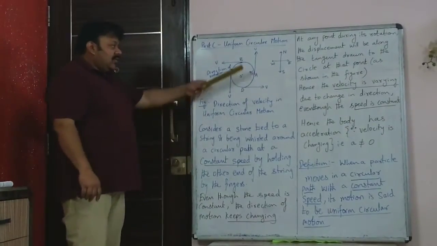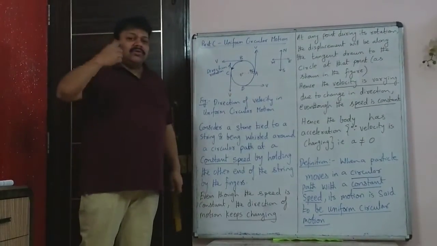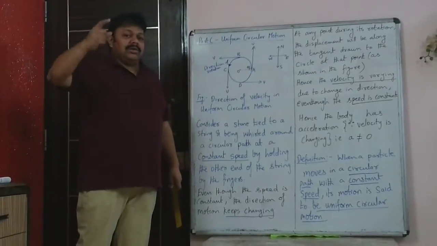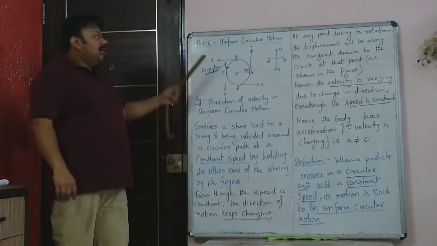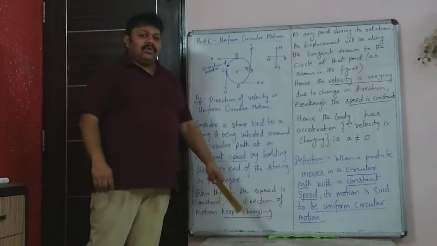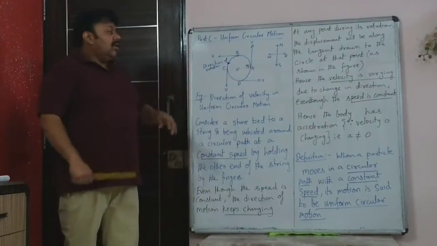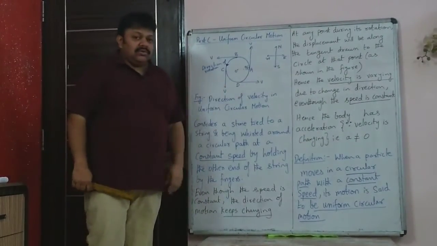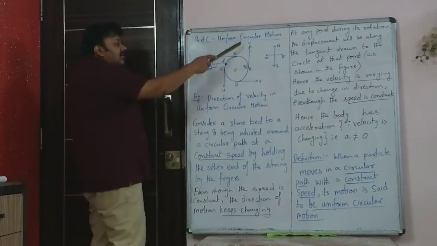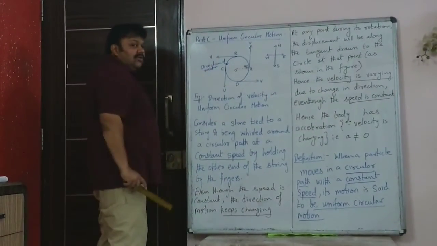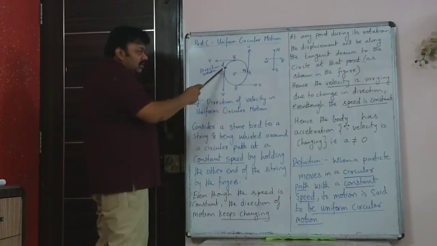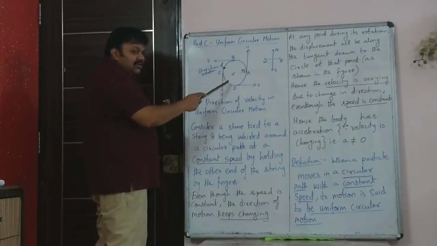So if you consider any object which is moving in a circular path at a constant speed, that is what is known as uniform circular motion. Now, even though the speed is constant, you will see that the direction of motion is continuously changing. This object is rotating in the anti-clockwise direction.